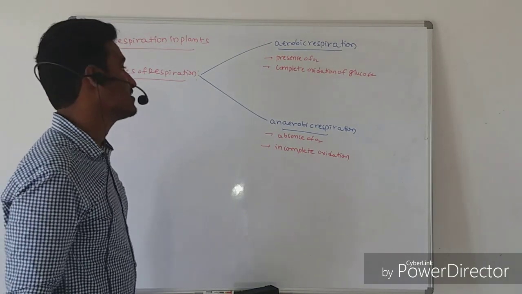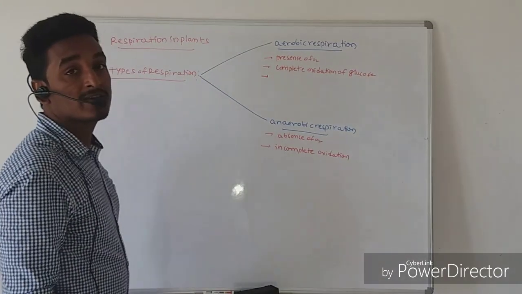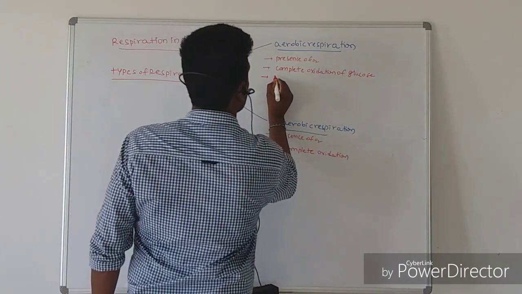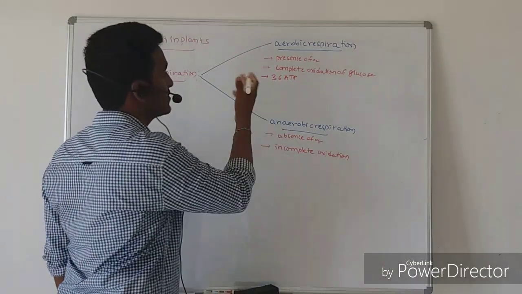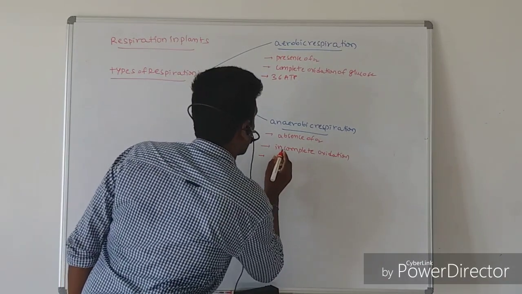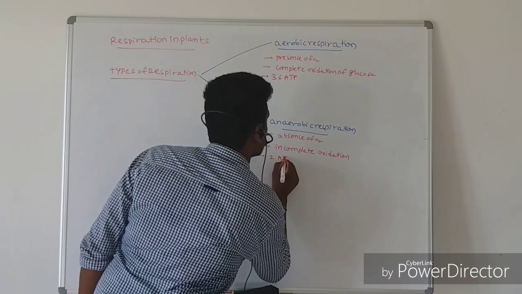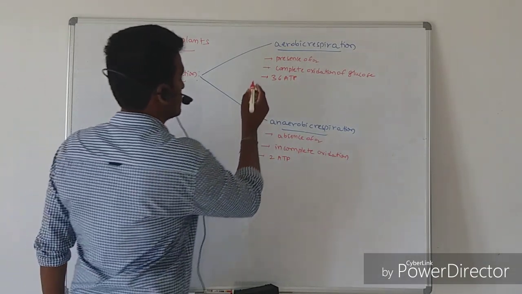In anaerobic respiration, incomplete or partial oxidation of the glucose molecule takes place. How many ATP do we get through aerobic respiration? In total, 36 ATP. How many ATP through anaerobic respiration? 2 ATP.